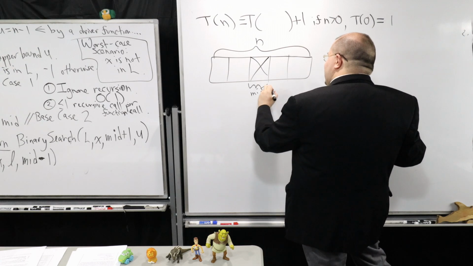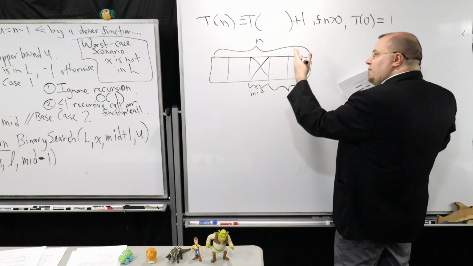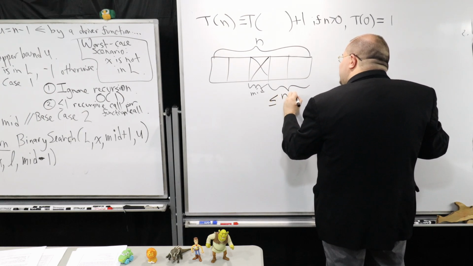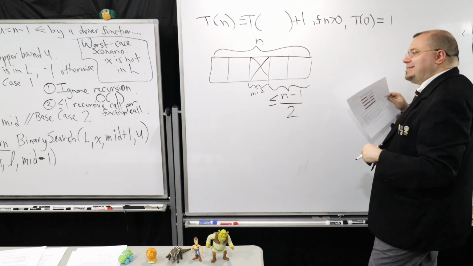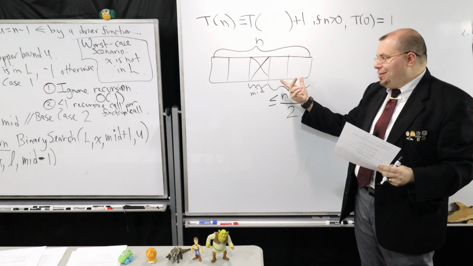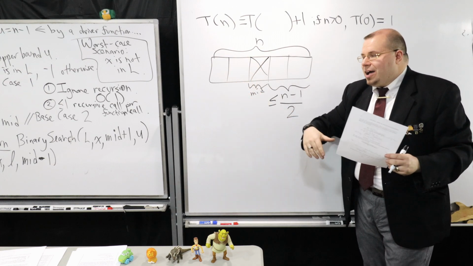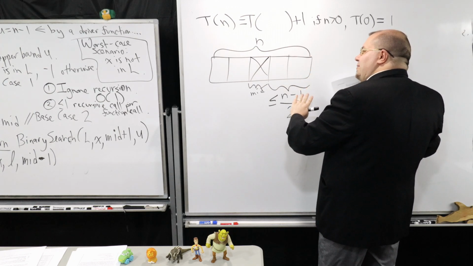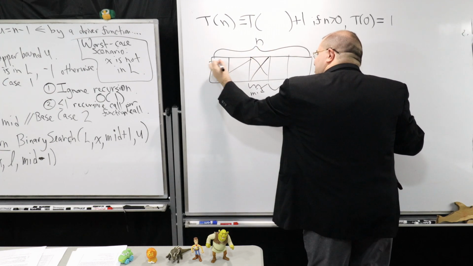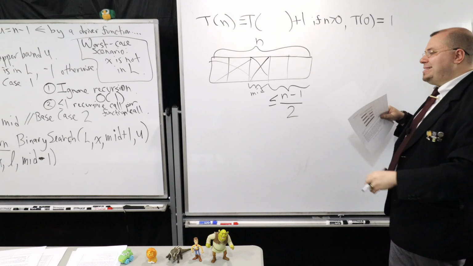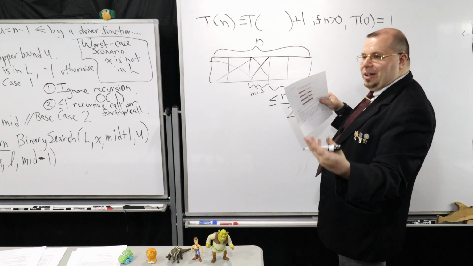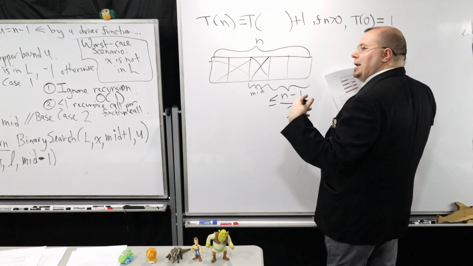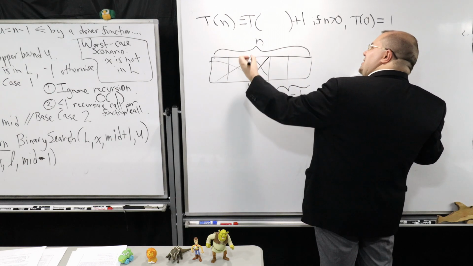So regardless of the parity of n, whether it be even or odd, there are going to be at most (n minus 1) over 2 elements left when I do my recursive call. It'll either be on the right half or on the left half. If I do it on the left half, these elements will never be considered again. If it's on the right half, these won't ever be considered again. But the point is that this is an upper bound on how many elements I have left to examine.